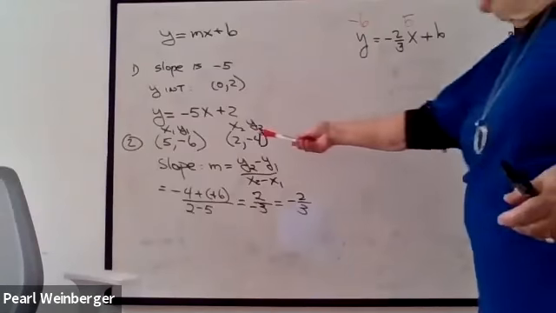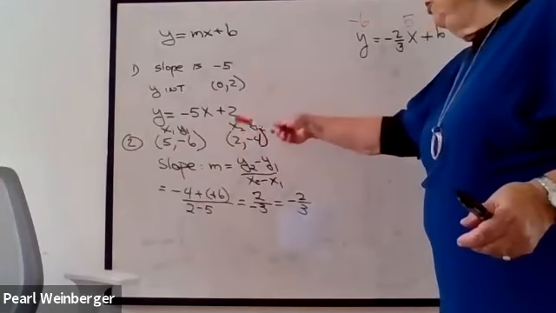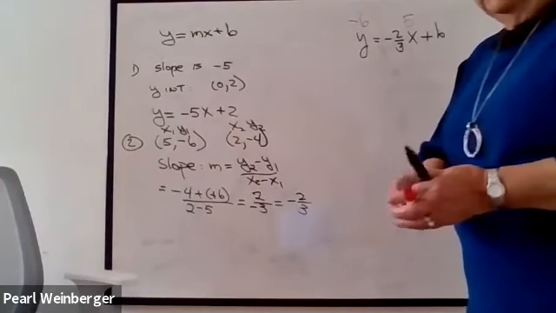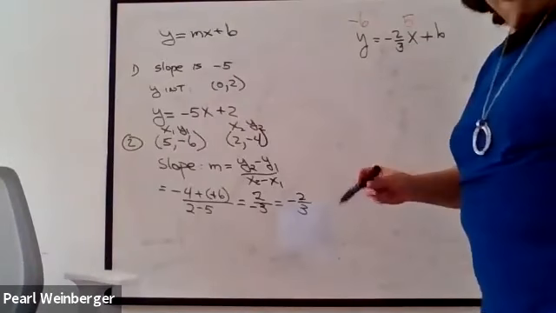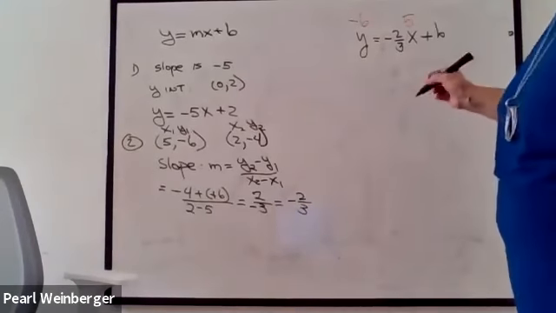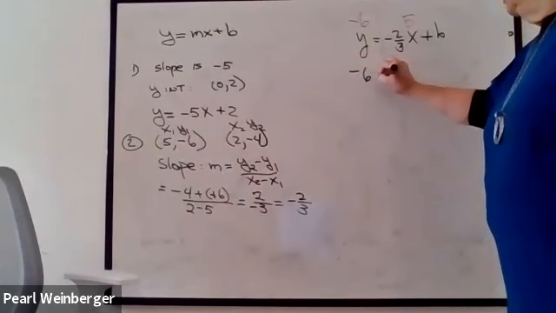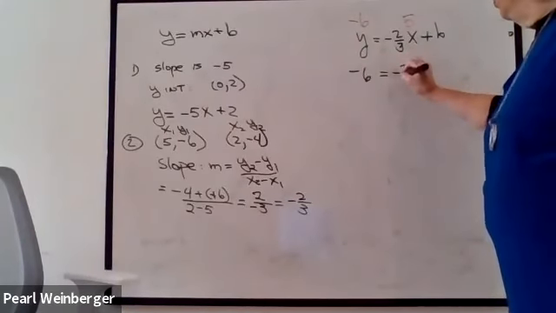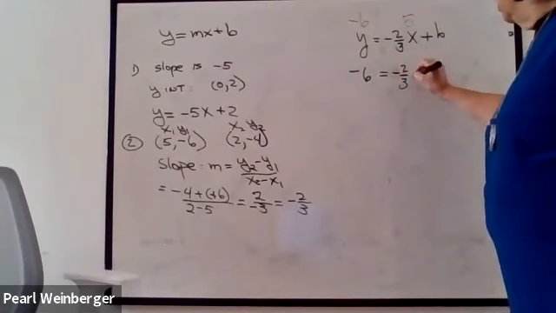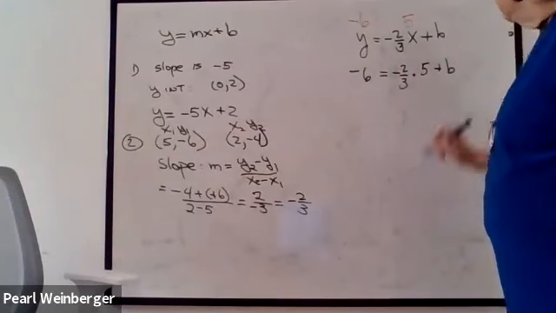Alternatively, I could have used the -4 for the y and the 2 for the x. It doesn't matter, you will get the same answer. This will give me -6 equals -2/3 times 5 plus b.